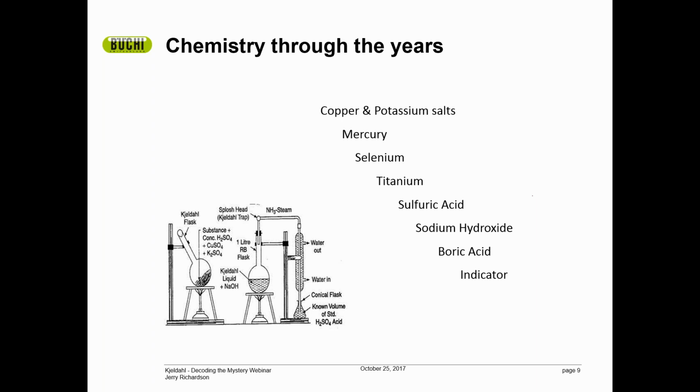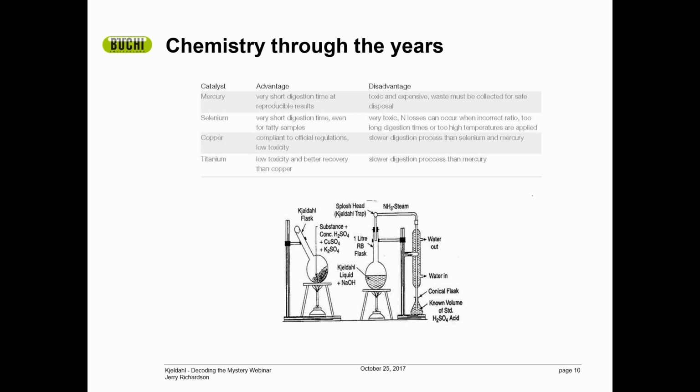And boric acid is what we're going to hold the nitrogen with in a complex, and then back titrate, commonly using an indicator. Most of the time we're either back titrating with hydrochloric acid or sulfuric acid with a known concentration.